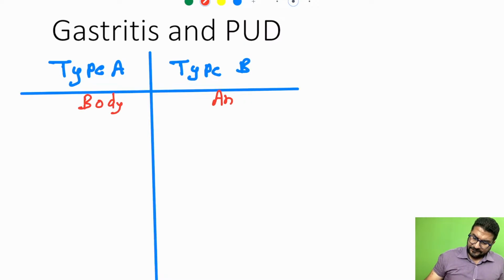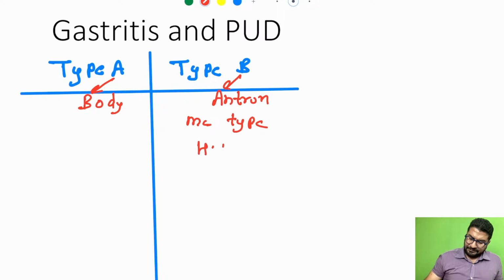Type B gastritis will affect the antrum. So type A body, type B antrum. Type B is the most common type, and type B occurs due to H. pylori.